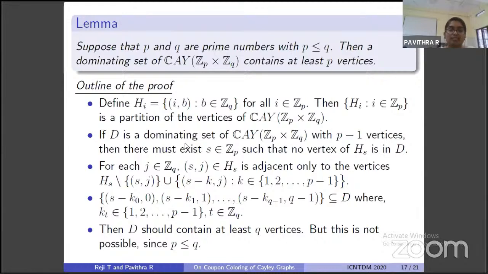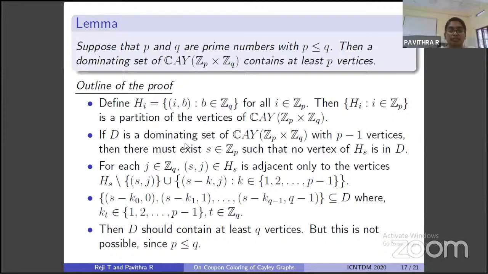But to show an upper bound is really hard, because if we say that k is an upper bound, then we have to show that there exists no k coupon coloring for numbers greater than or equal to that number. So it is really hard.